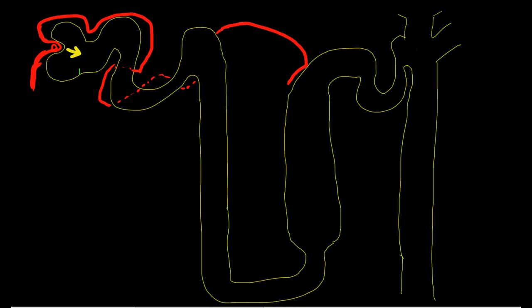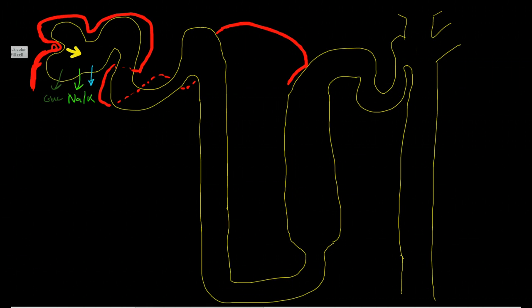We are removing a lot of solutes like sodium, potassium, and glucose out of the proximal convoluted tubule. Now, at this point, the proximal convoluted tubule is freely permeable to water. So water follows the solutes.